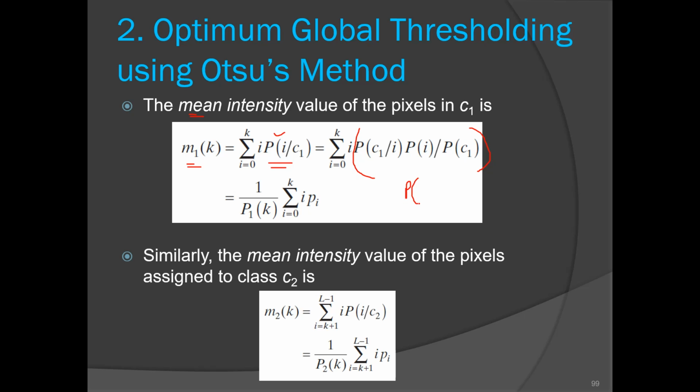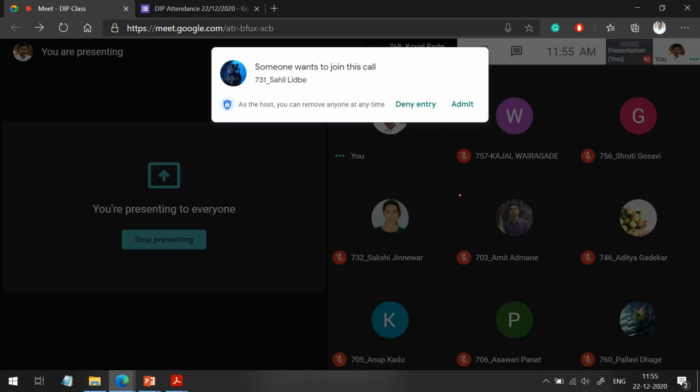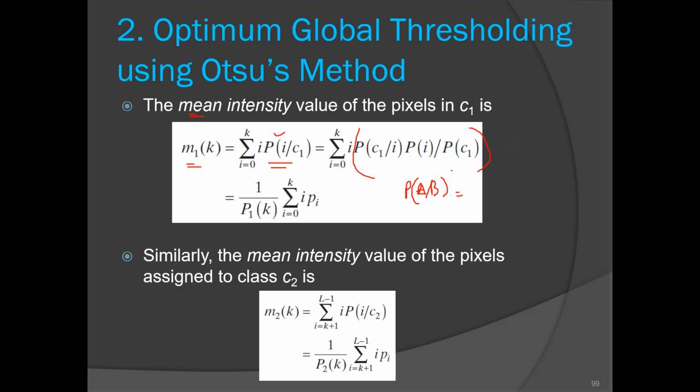If you remember the Bayes equation, it is probability of A given B equals probability of B given A into probability of A, divided by probability of B. So we have expanded this.